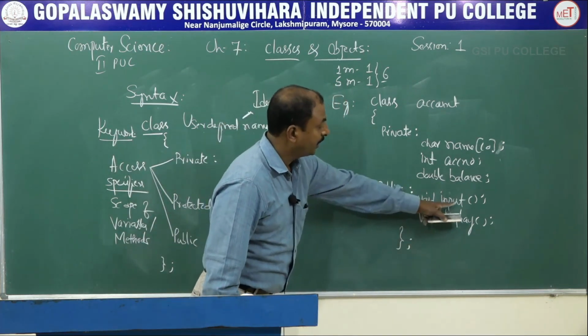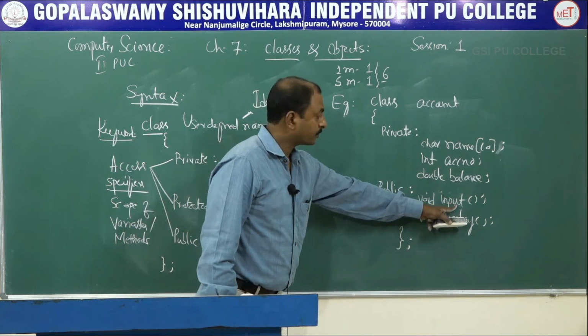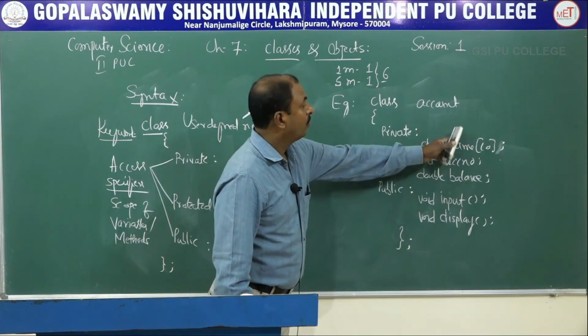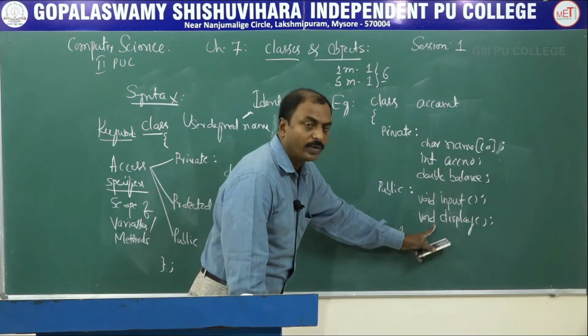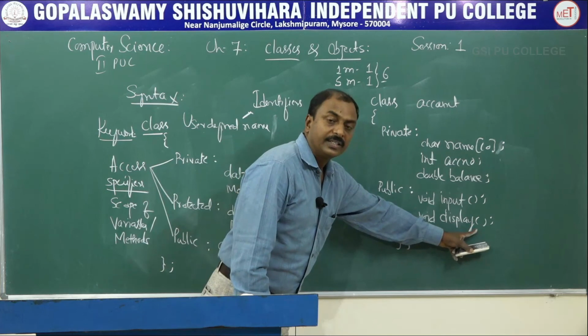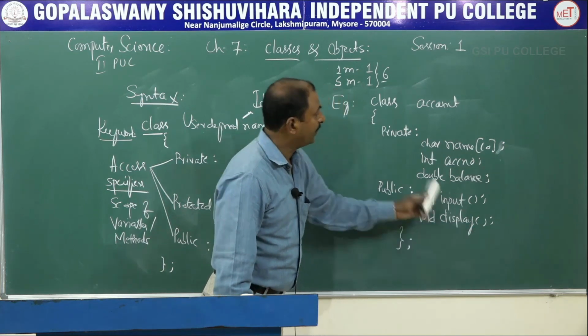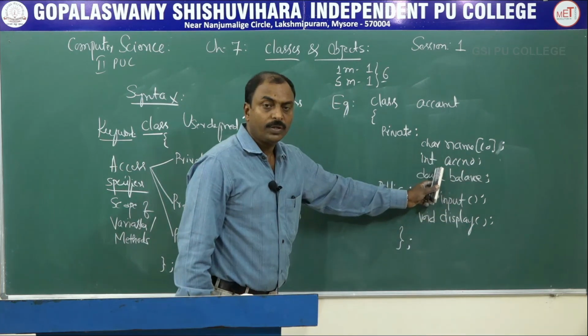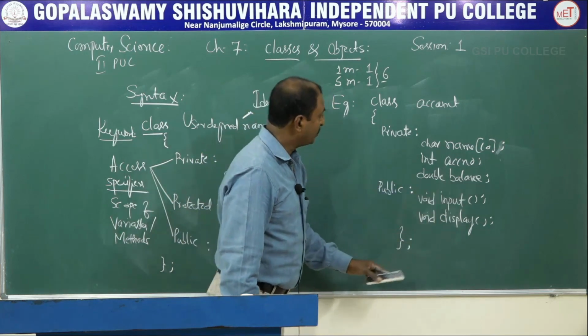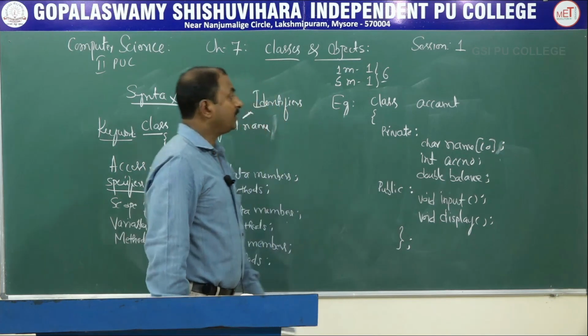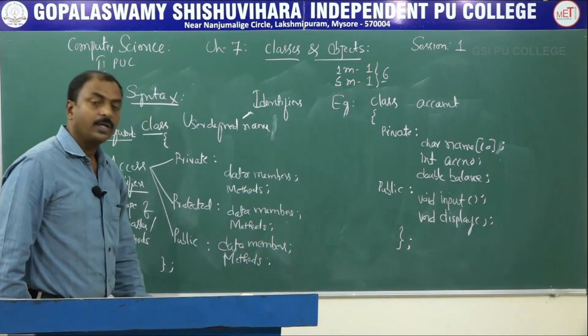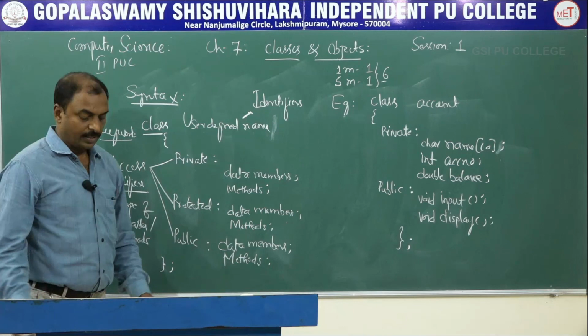One is void input, to accept the values for these variables, and I am using one more function, void display. This is to display the details that you have entered. And closing with a bracket as well as semicolon. So this is another example of how to define a class.